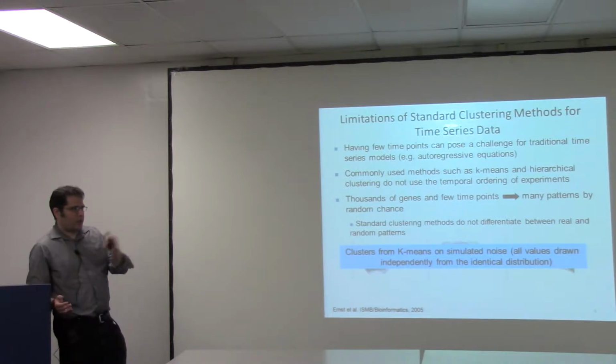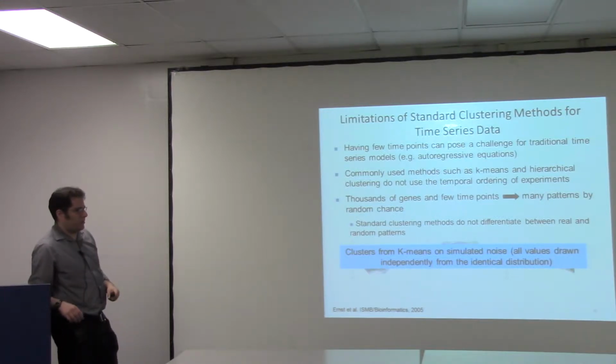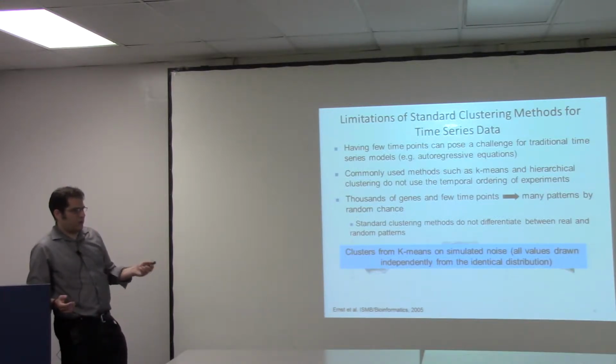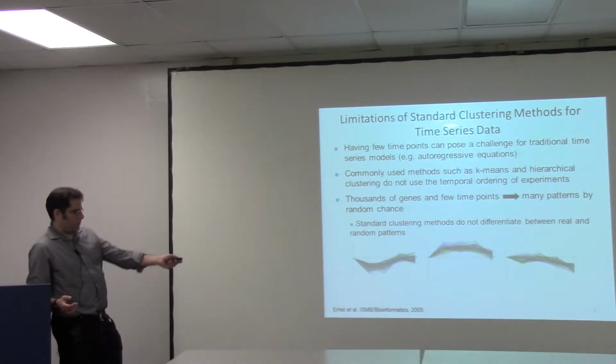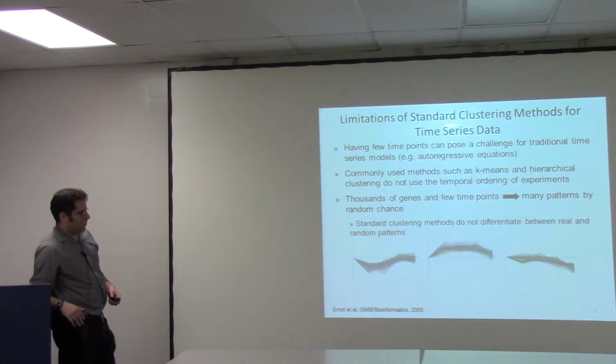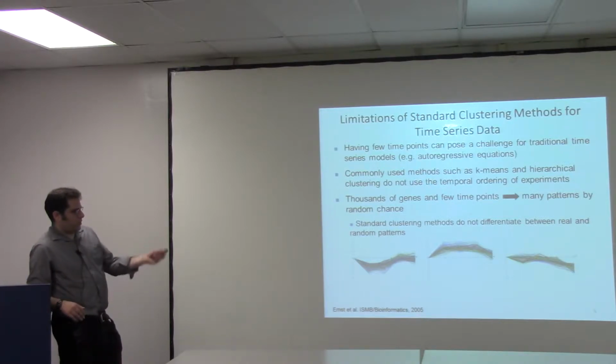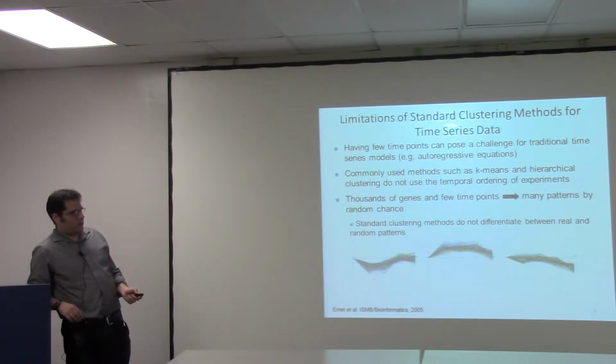Basically all values were generated from an IID distribution in my data set, and I clustered them, and I get these types of clusters back. So it would be nice to have some way of knowing whether seeing this many genes having that pattern is statistically significant in some sense.